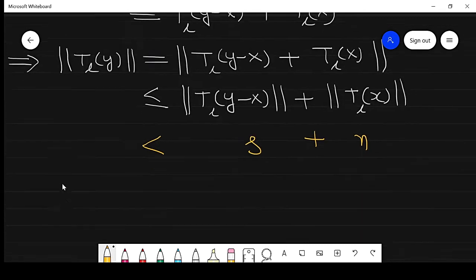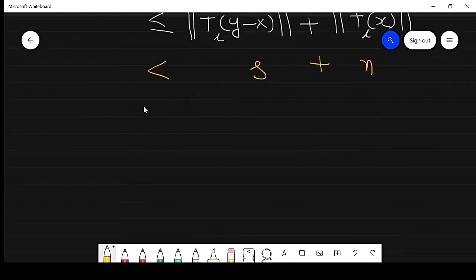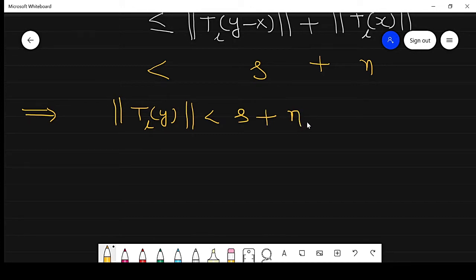So the entire term, this Tiy, implies the norm of Tiy is less than delta plus n. So we reach this place, and it is for every i. Now what is delta? Here it is Tiy and Tix, not delta, it is epsilon.